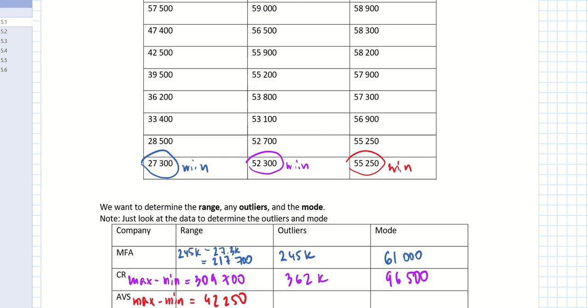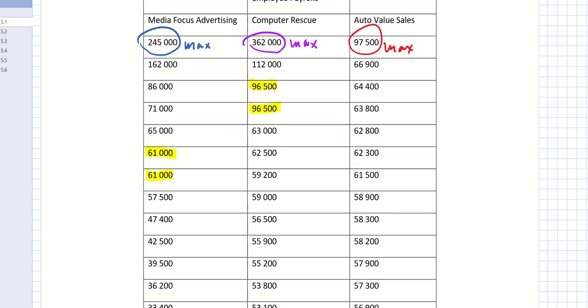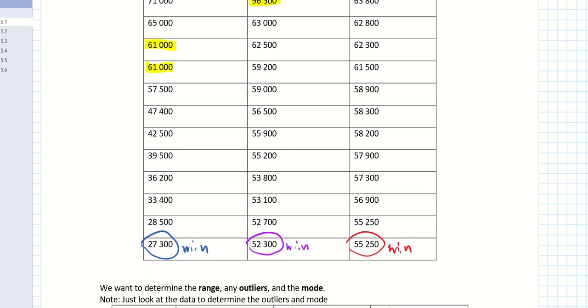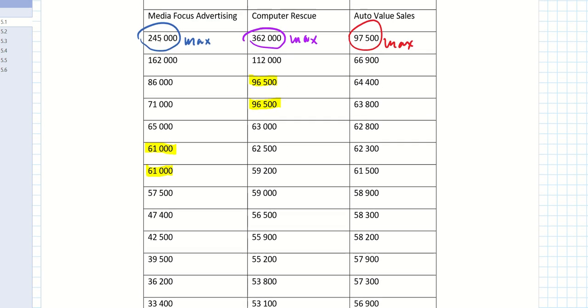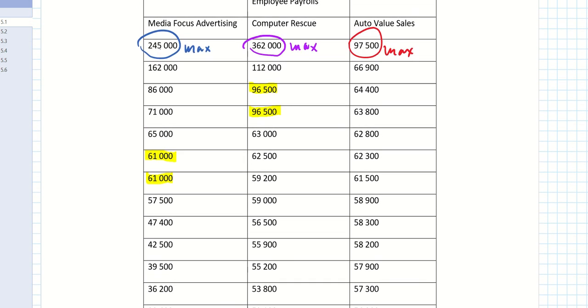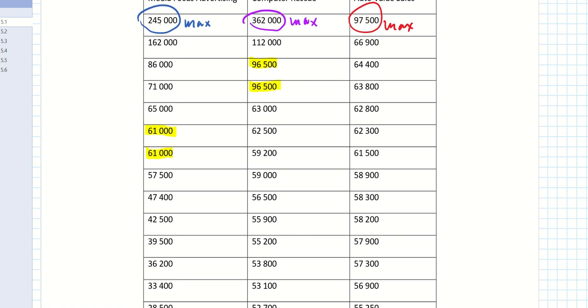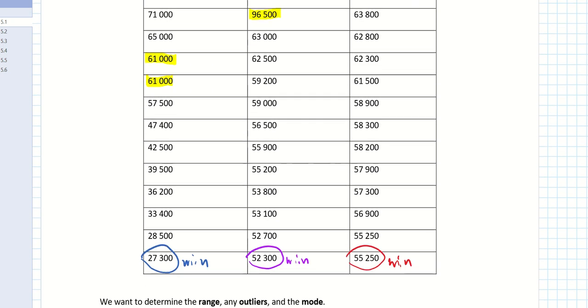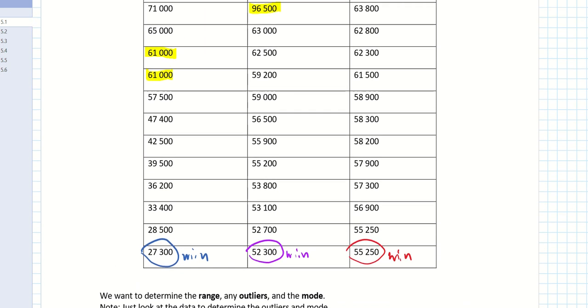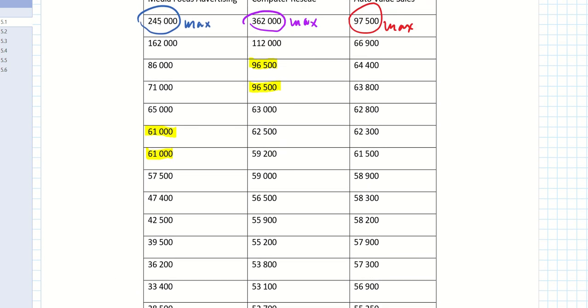Now the outlier looks like, again, I would say the biggest number really. Actually, they're not that much different. They're all within the 5-figure range. So this one, I would say, doesn't really have outliers because all the numbers are fairly close. But if I was pressed to pick one, it would probably be, again, the maximum value here.